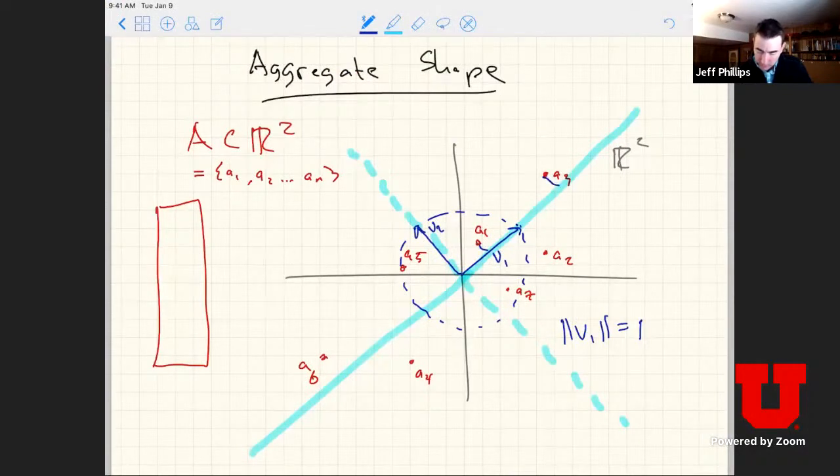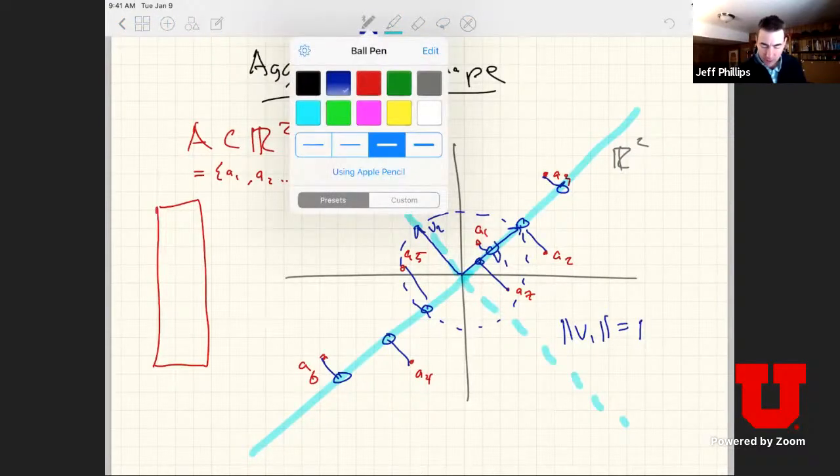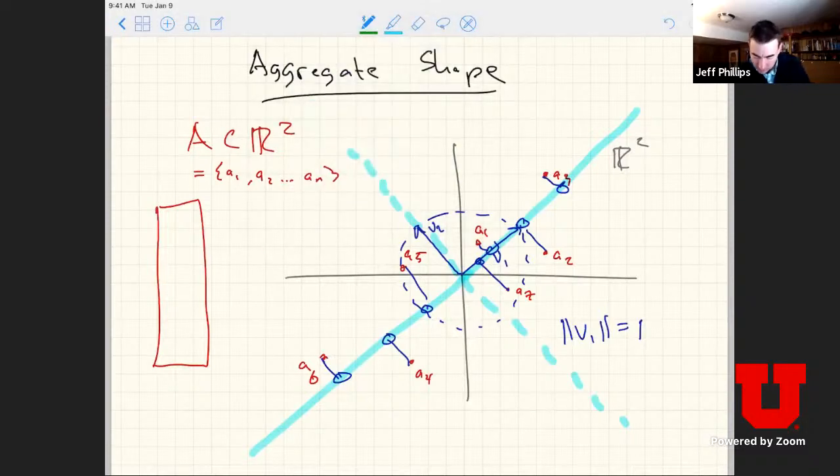Onto this subspace, I kind of want to measure how spread out these points are. They're fairly spread out. They're still pretty far away from the origin, whereas if I did this in a similar way with, say, this V2 direction, they're going to be more scrunched up.